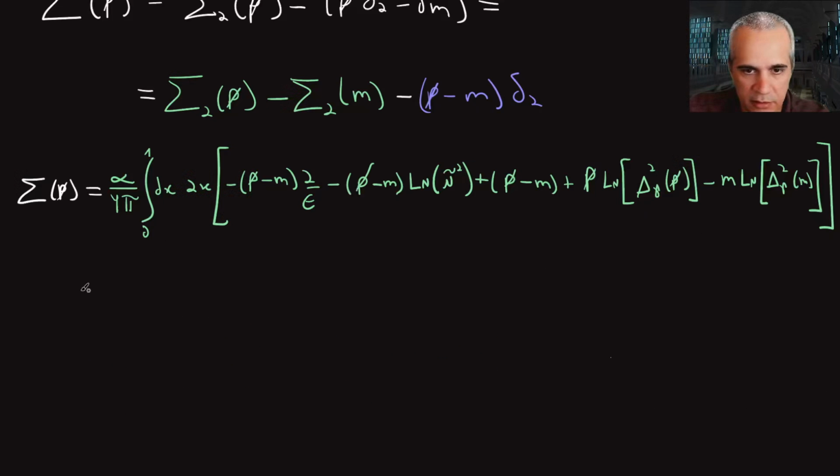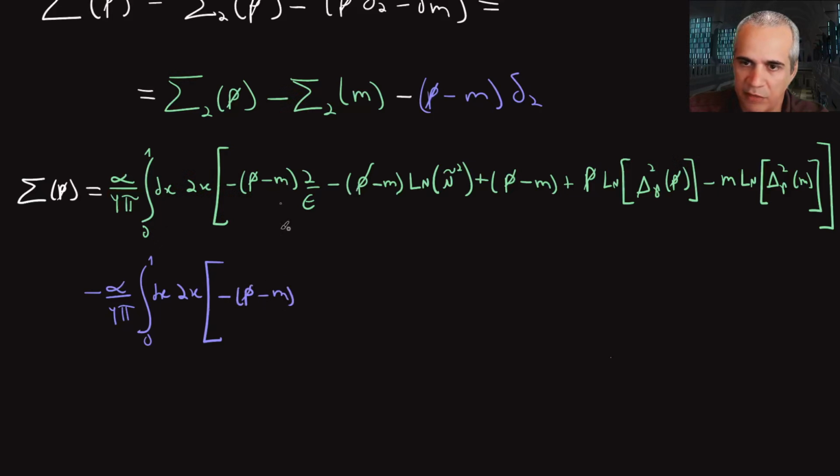It's just, again, I have the same factor in front, same integral, same factor of 2x. And I'll just take the expression of that derivative and multiply everything by p slash minus m. And you see a lot of factors that are just like the ones up there, right? Which is why this is useful.